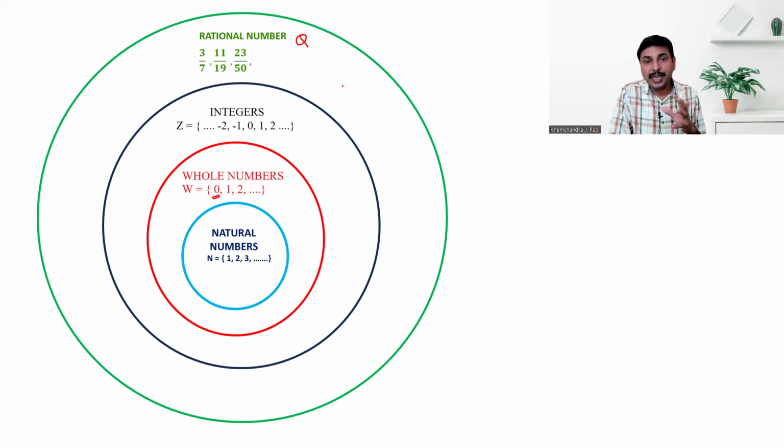So the part that remains here is the fraction part. In integers, the negative part comes. What will differentiate here? 0. So what I can say, all natural numbers are rational numbers. Listen very carefully. All natural numbers are rational numbers. All whole numbers are rational numbers. All integers are rational numbers. So this diagram gives you the summary of the part which we covered till now.